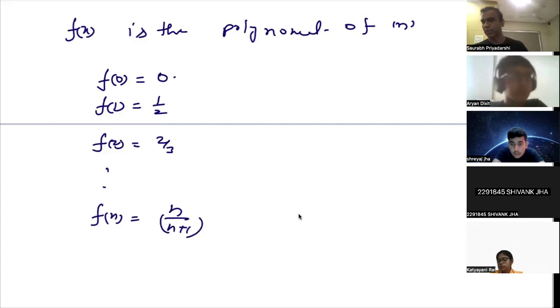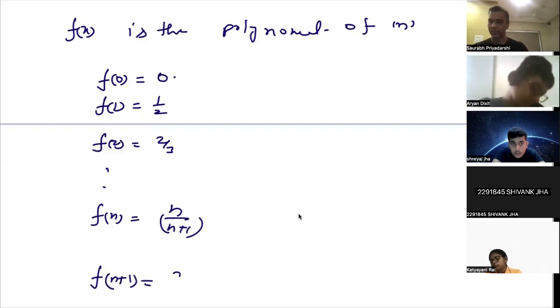Then find f of n plus 1, its value. Is the question okay, everyone? This time leading coefficient is not given. You have to find the leading coefficient too.